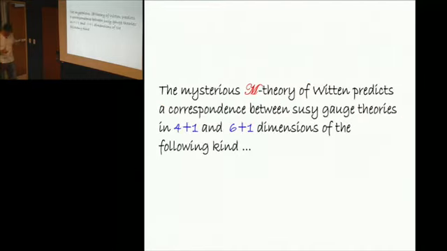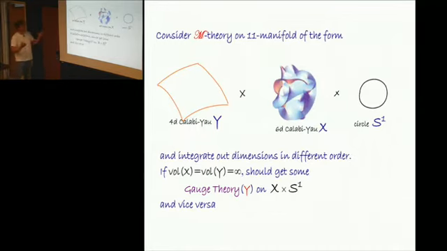It's a string theoretic consideration that says there's a certain correspondence between gauge theories in 4+1 dimensions and 6+1 dimensions, and the correspondence goes like this. One takes 11-dimensional manifolds of the kind X × Y × S^1, where X is a 4-dimensional Calabi-Yau and Y is 6-dimensional.